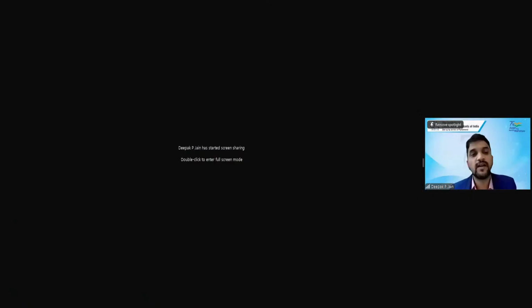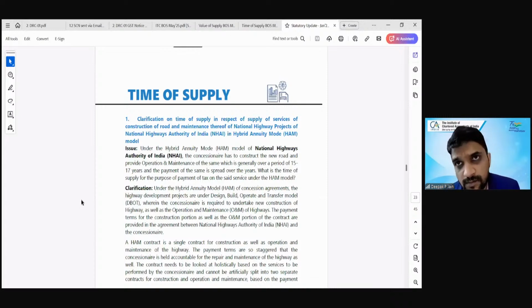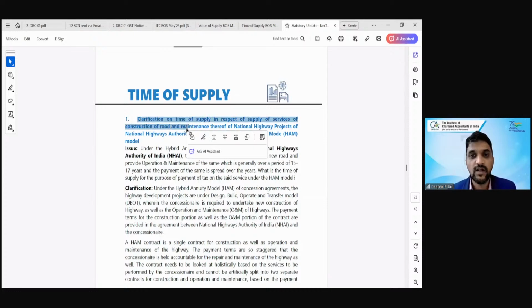So time of supply says that the contractors had some issue, and they came up with a request to the department saying, give us some clarification on what is the time of supply in respect of supply of services for construction of road and maintenance of the national highway project of the NHAI in HAM model.